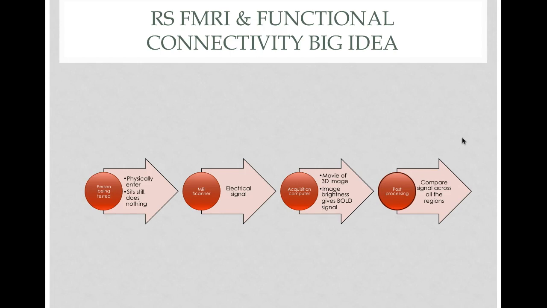People might refer to it as lower frequency because that's typically what people are interested in from functional connectivity. But you're going to output that video, three-dimensional movie, and you're going to compare a brain to itself. You're going to compare one region of one brain to one region of another brain, or all the regions of one brain to all the regions of that same brain. And this gets past the time-locked issue because each brain is time-locked with itself.